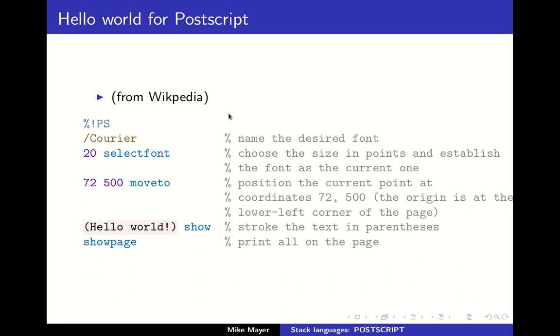Here is something like a hello world application that I just copied from Wikipedia. Basically this is a kind of magic code to show the operating system this is a Postscript file, and then we select the font. Of course the font is a very important piece of information for a language that is made for printers.